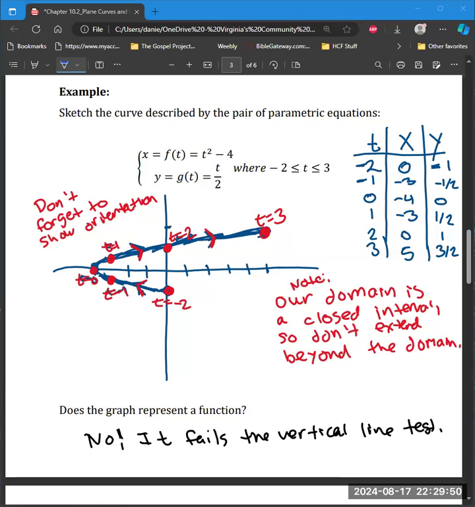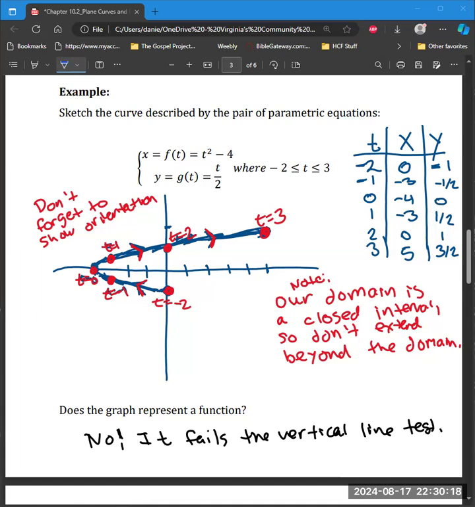And we'll have t squared minus 4, and we have t divided by 2, and second table, there's my values of -2, -1, 0, 1, 2, and 3, and there's my x coordinates and my y coordinates there. That's how I got that table.